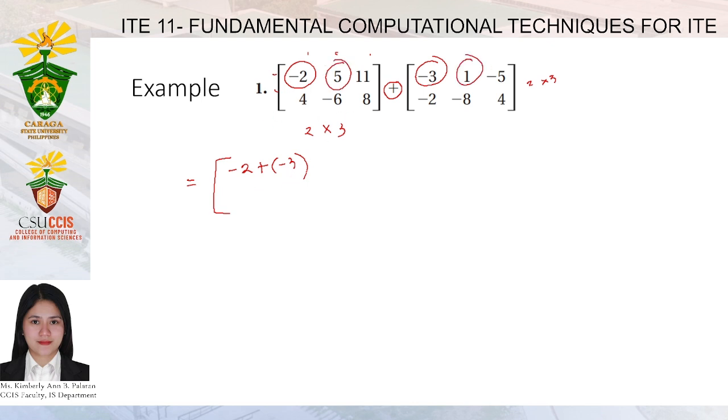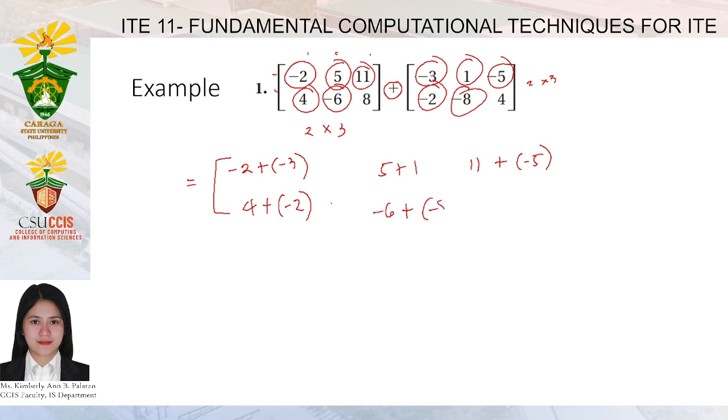Just leave a space, class, so you won't be confused when you evaluate. 5 plus 1, and then 11 plus negative 5. Okay, 4 and 2. 4 plus negative 2. Next is negative 6 plus negative 8. Don't forget to write a parenthesis. If the signs are next to each other, always put a parenthesis.